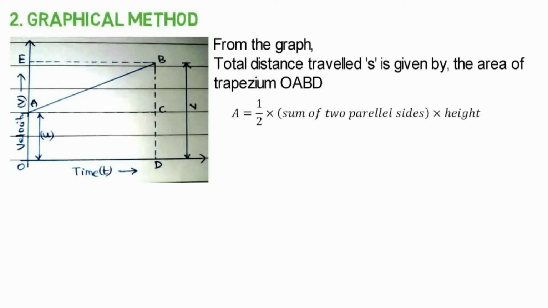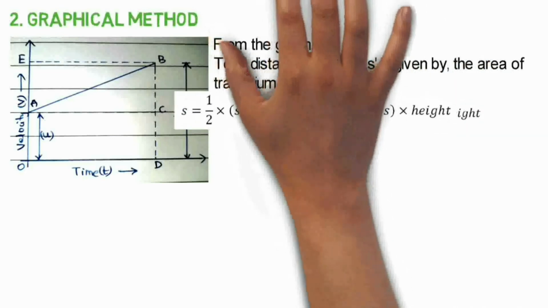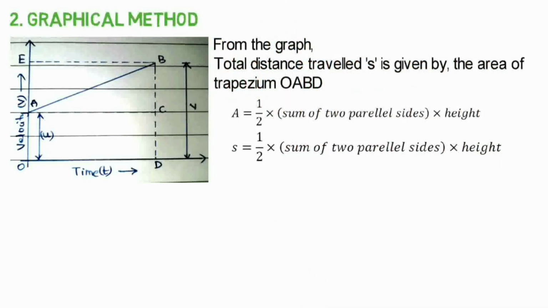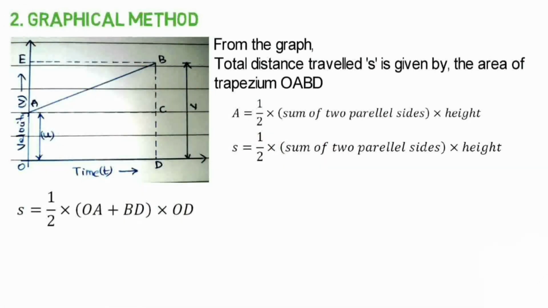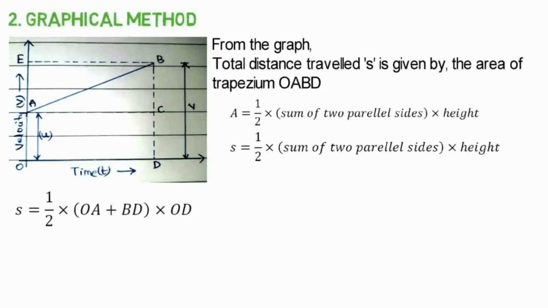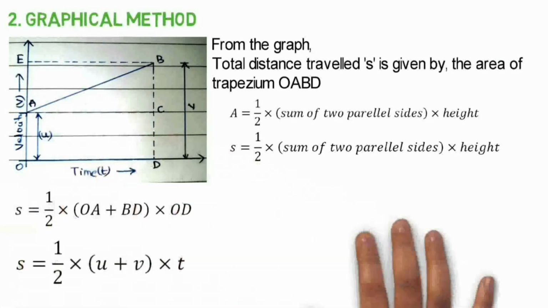Applying this formula, the area becomes distance, so we can write S is equal to half into the sum of two parallel sides into height. Here, the sum of two parallel sides in the graph is OA plus BD and the height is OD, so we can write S is equal to half into (OA plus BD) into OD.